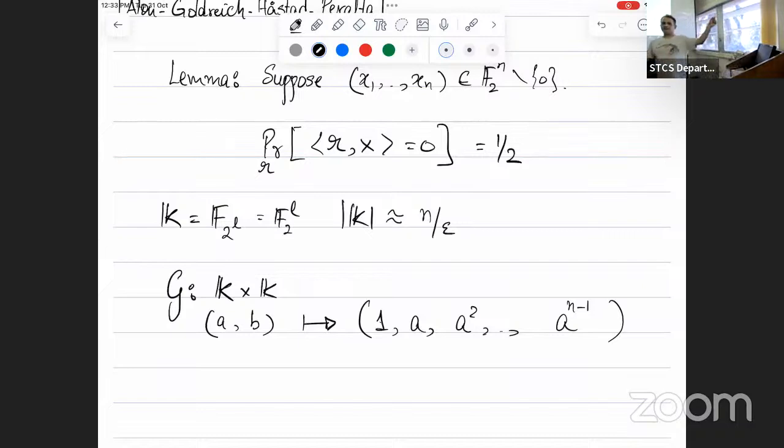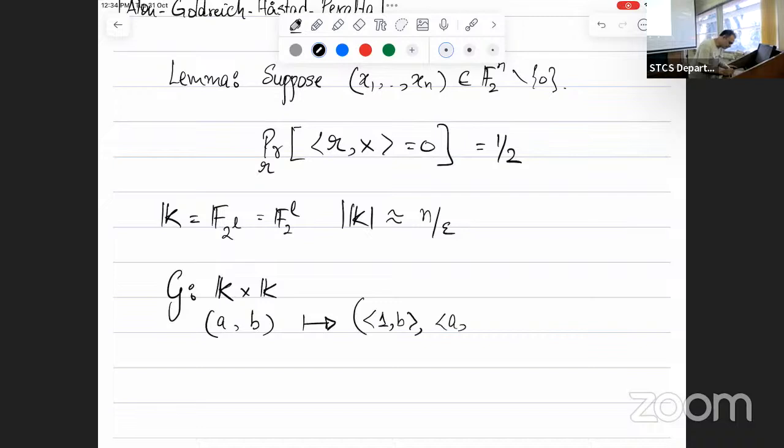Every element of the extension is basically an L-tuple of bits, so you just modify this construction by taking an inner product with B. So the output is the inner product of 1 with B, the inner product of A with B, and so on, up to the inner product of A to the power n minus 1 with B. And that is the construction. Once you fix 2 field elements A and B, you know exactly what n bits you're outputting.